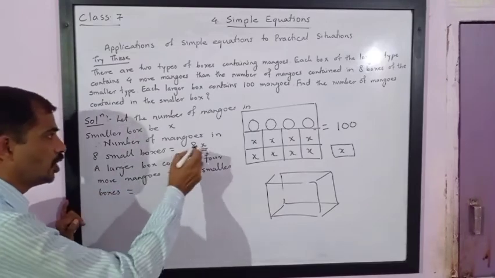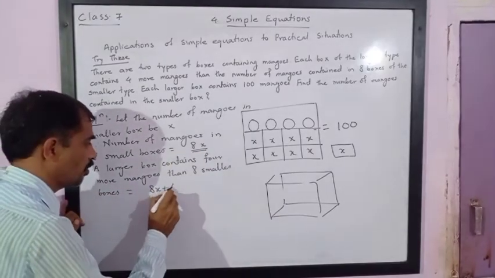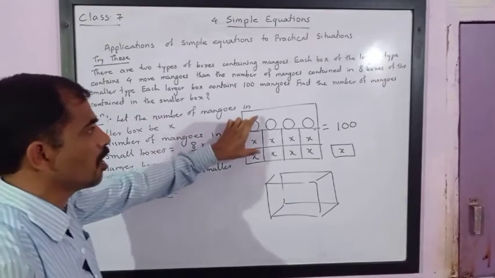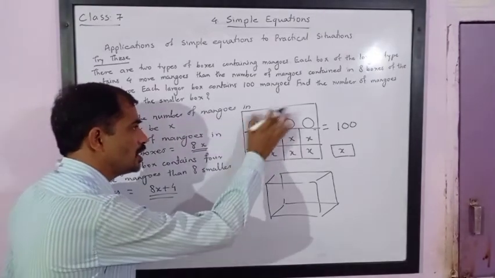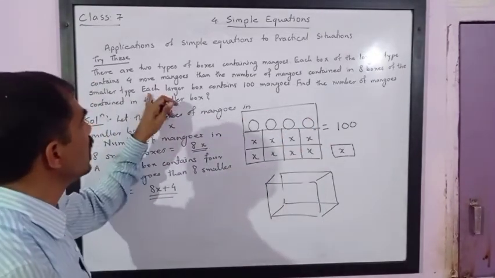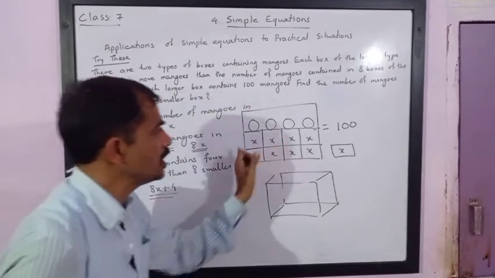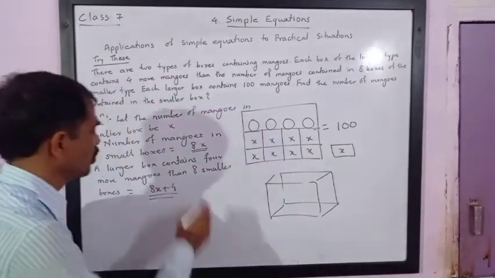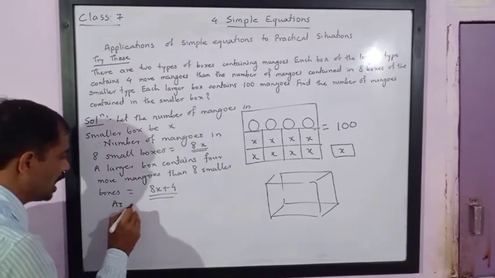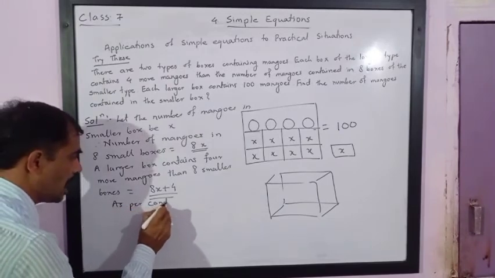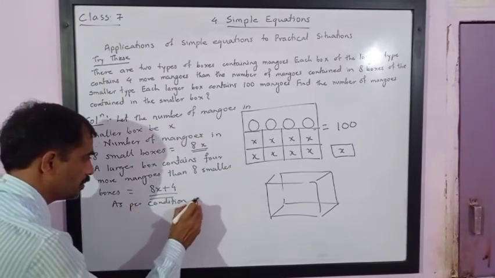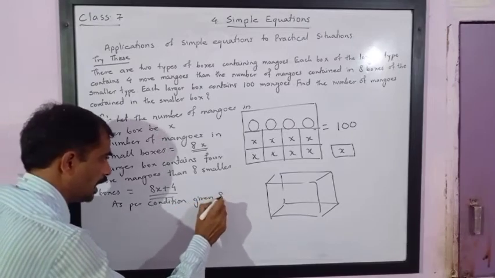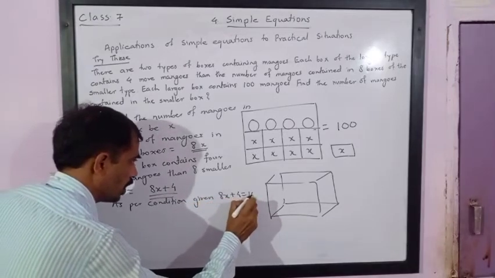It means it is equal to 8x plus 4. Try to understand this. So the larger box contains 8x plus 4. Now we are given that a larger box contains 100 mangoes, which means this must be equal to 100. So as per the condition given, 8x plus 4 is equal to 100.